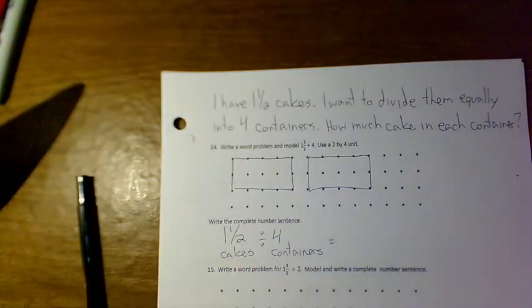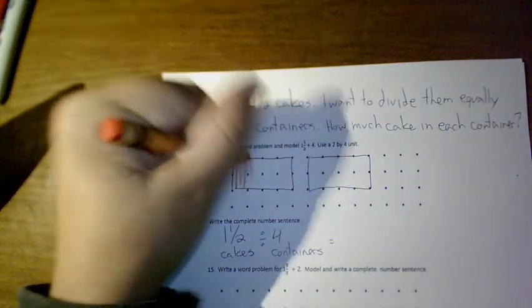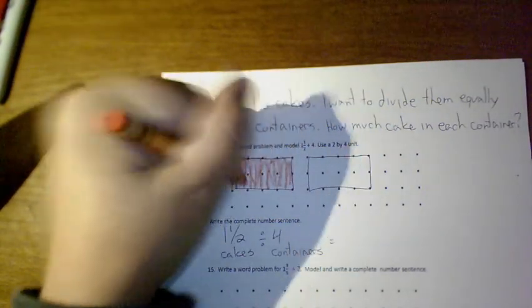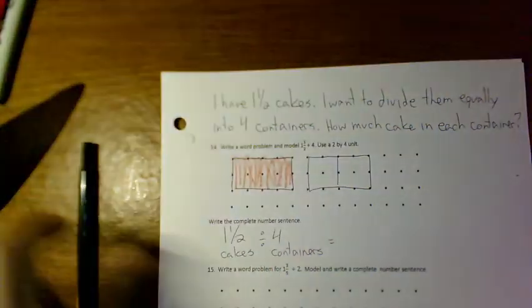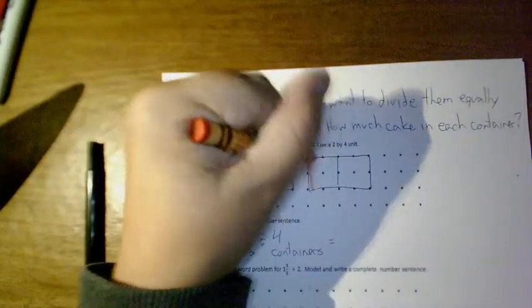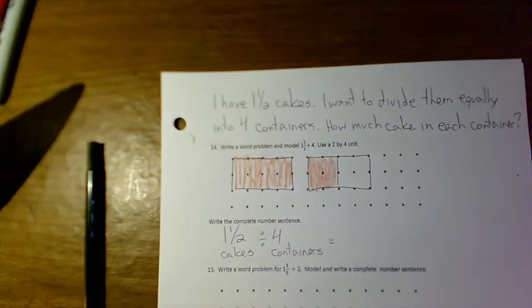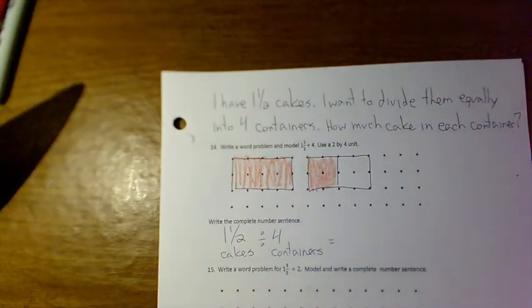Let's see, so we have 1 full cake plus half of another cake. And then we want to split this into 4 equal parts.